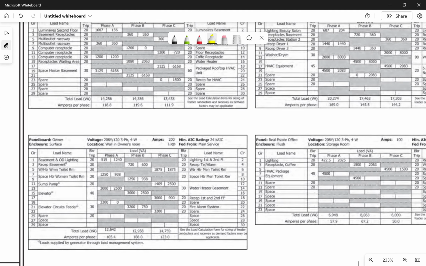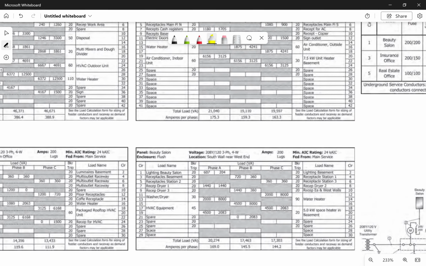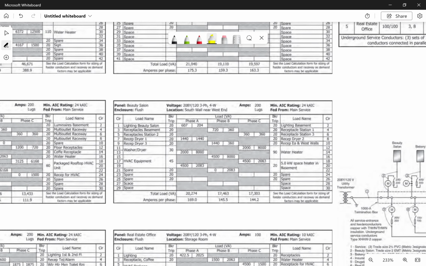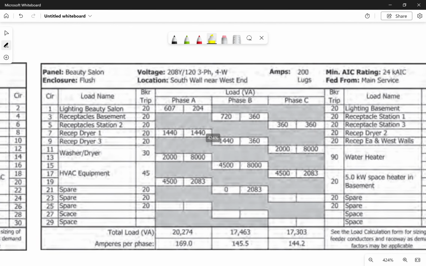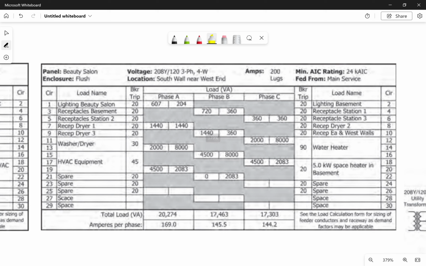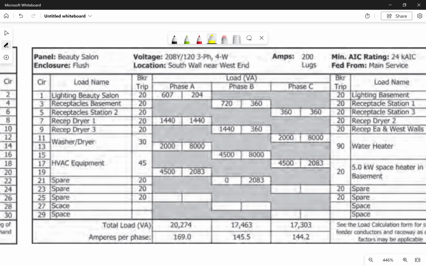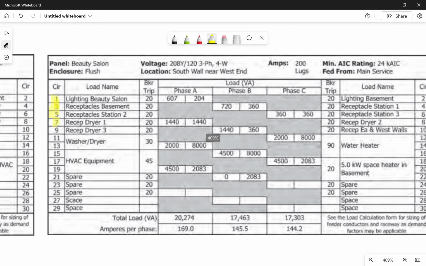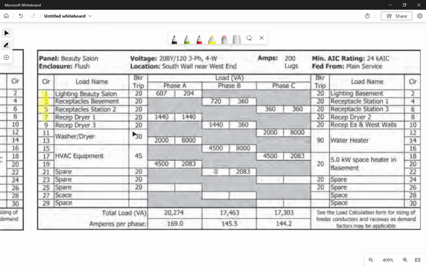panel sheet. If we look at the beauty salon that we've been looking at earlier, we can see that each of the breakers is numbered 1, 3, 5, 7, with the odds down the left side, and the evens on the right, 2, 4, 6, 8.